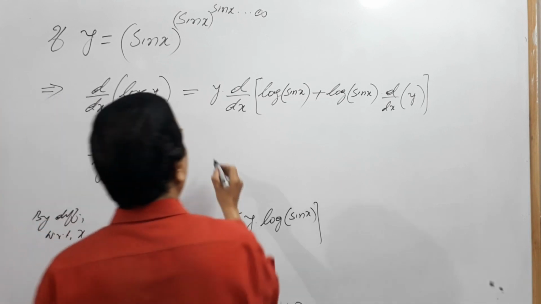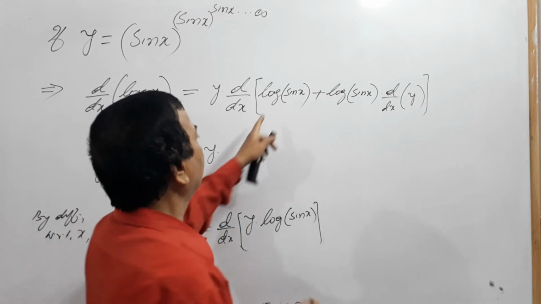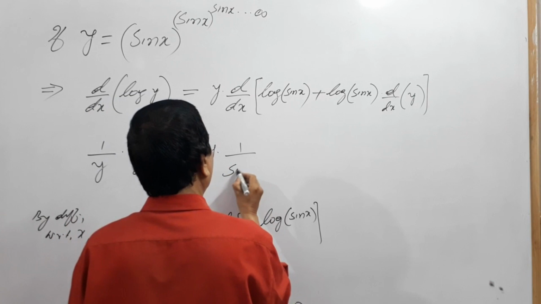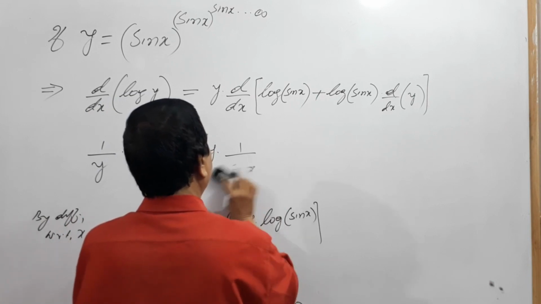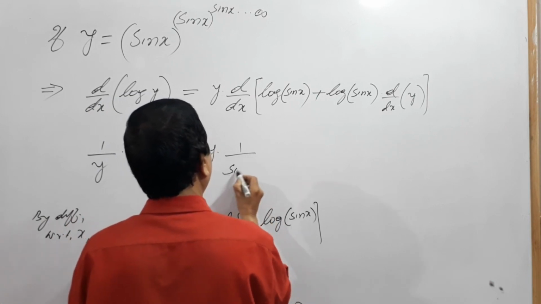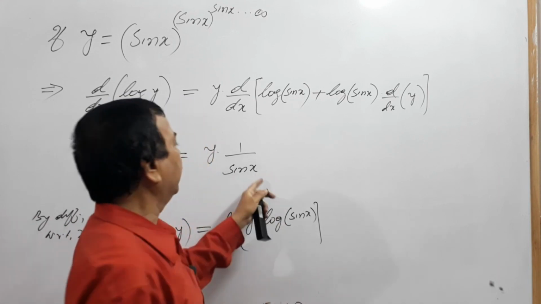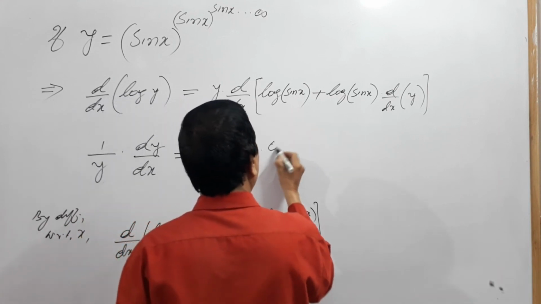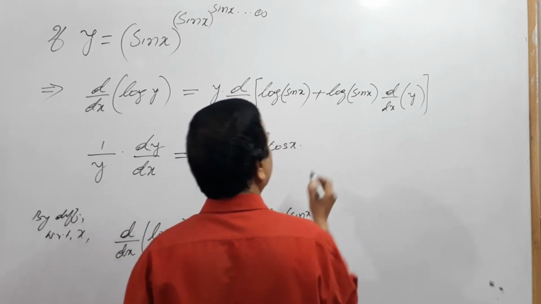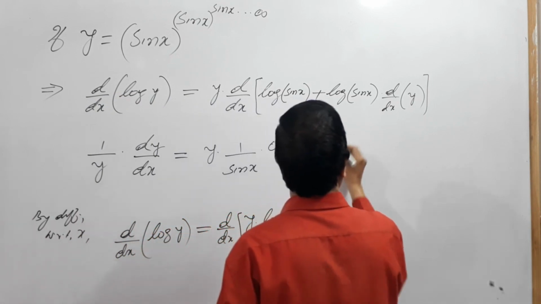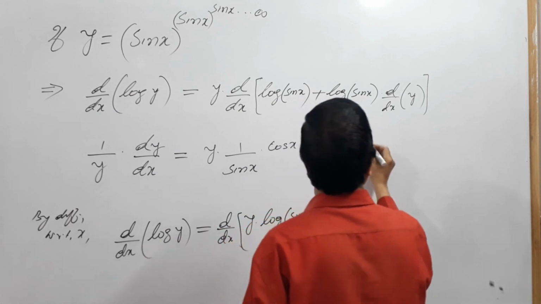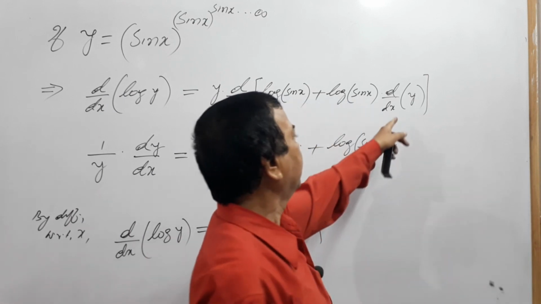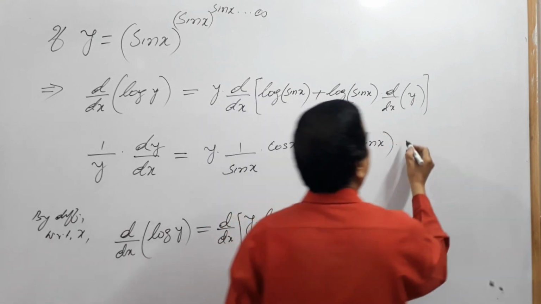equals y into log of sin x becomes 1 by sin x, and d by dx of sin x, that is into cos x, plus log sin x, d by dx of y is dy by dx.